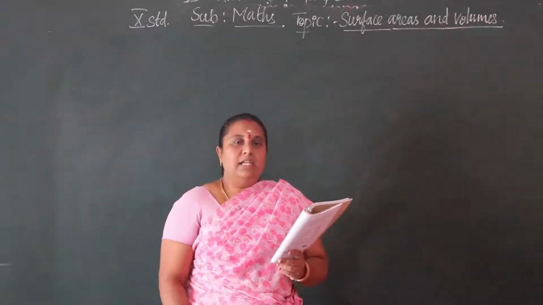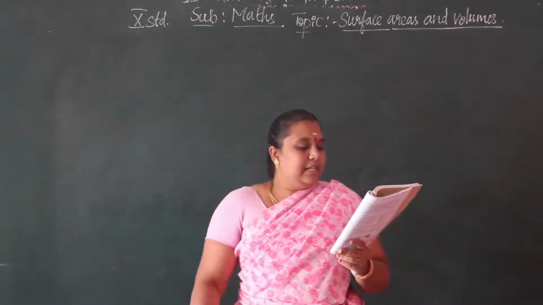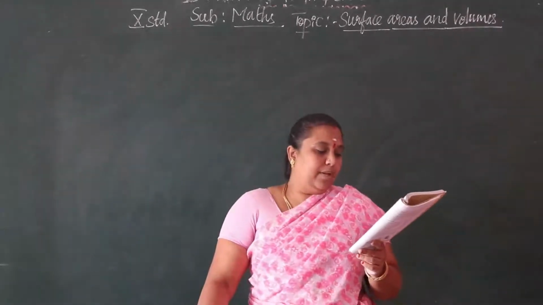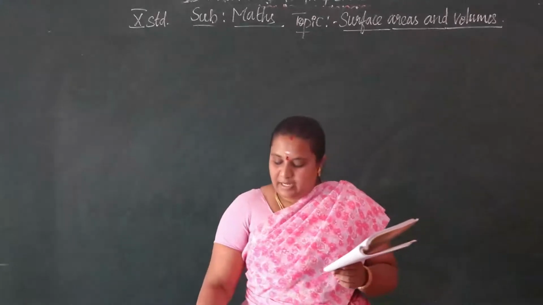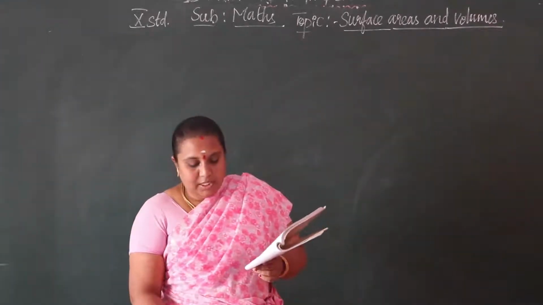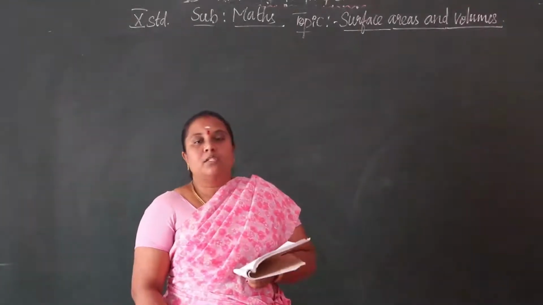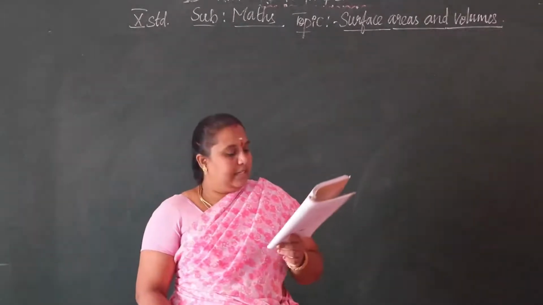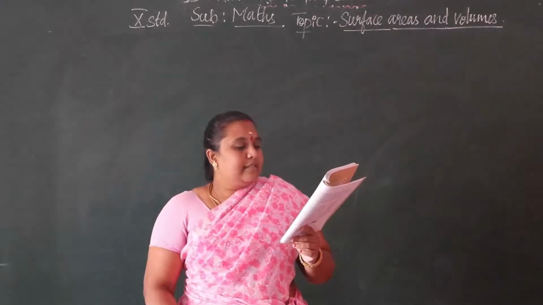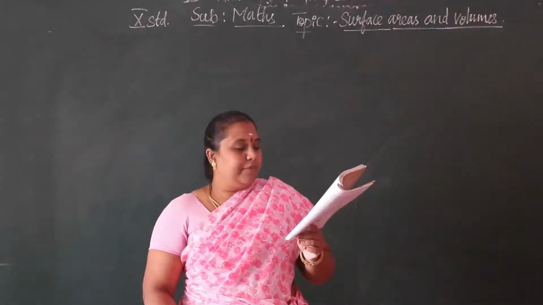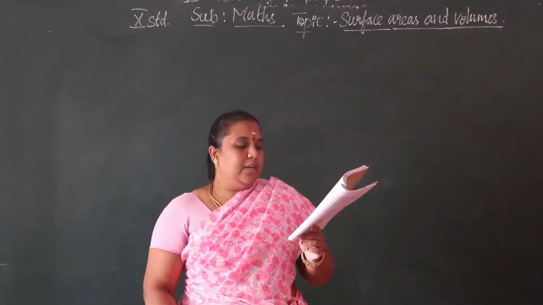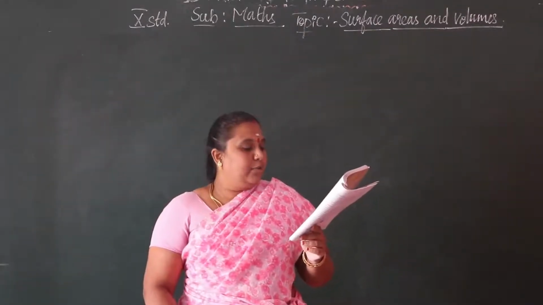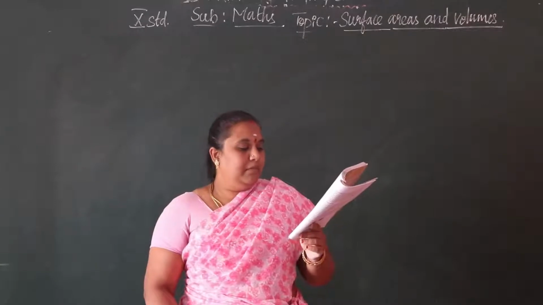So the well is 20 meter deep, and the diameter is 7 meter. Here it is a cylindrical well, so the well is in the shape of a cylinder. It is dug and the earth from digging is evenly spread out to form a platform 22 meter by 14 meter.